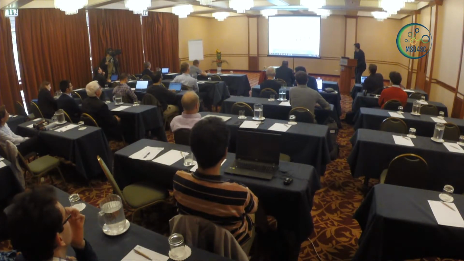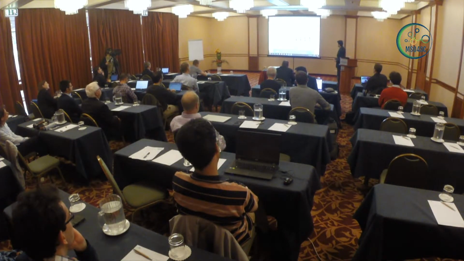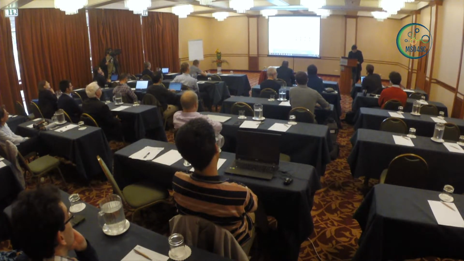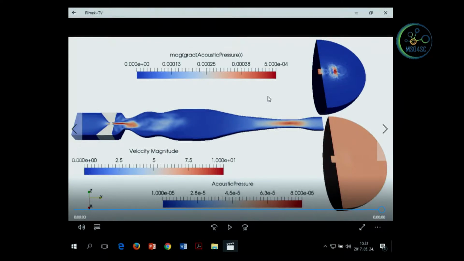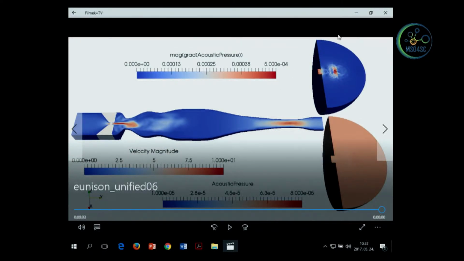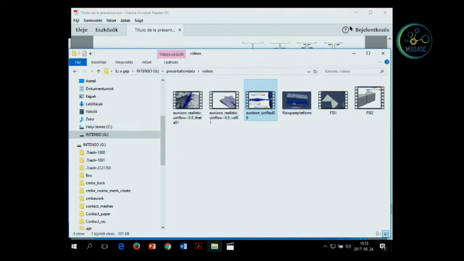So what did we achieve? Maybe I should also show you this one. So this is this simulation. In the simulation, we also coupled the fluid structure interaction simulation to the acoustic model that we have. It was a one-way model, but we got some good results anyway.